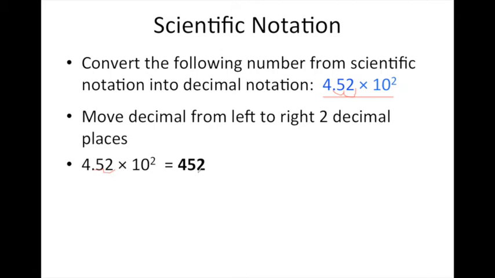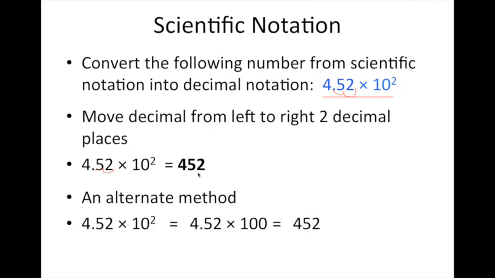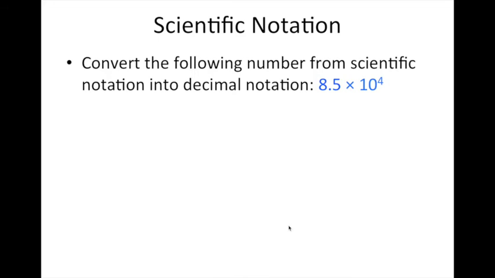Now another way to write that, if that's not your preferred way, an alternate method would just be to take 4.52 and multiply it times 10 to the second. 10 to the second is 100, one with 2 zeros. So if we take 4.52 and multiply it times 10 times 10, or times 100, we again get 452.